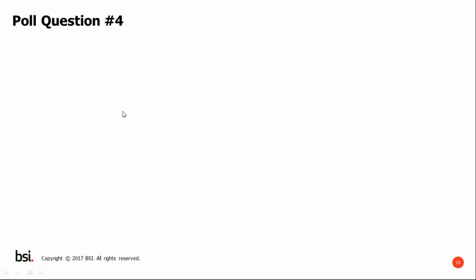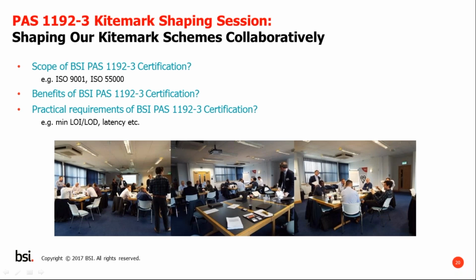Okay, so moving on. I've talked a bit about some of the contents of PAS 1192 Part 3. So I want to now talk about how we've developed our Kitemark scheme against this standard. In the development of all of our BIM schemes, we've tried to be influenced by the key principles of BIM, in that we create our schemes collaboratively.